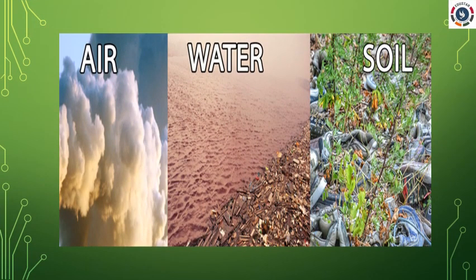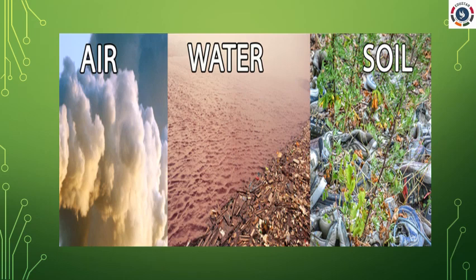An important step in conservation is controlling pollution. Let us first look at what pollution is and how it can be controlled. Humans have damaged their environment over the years by polluting it. So, what is pollution?